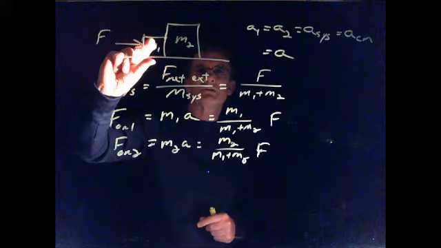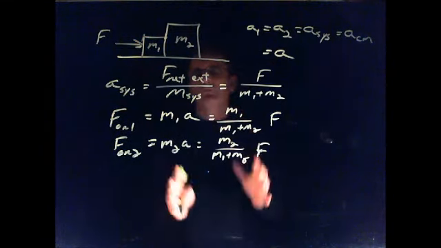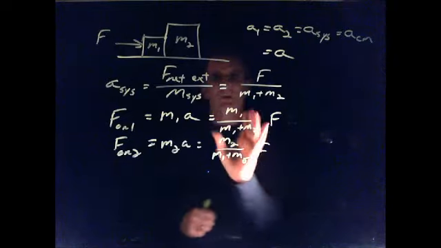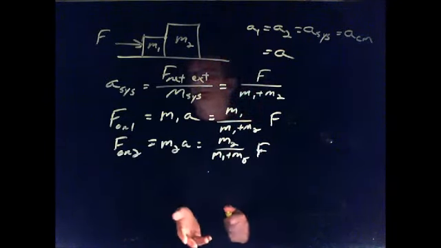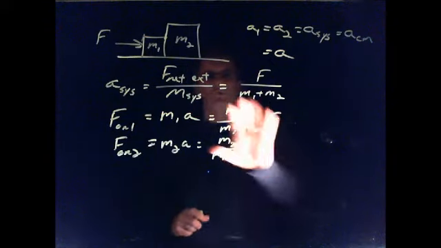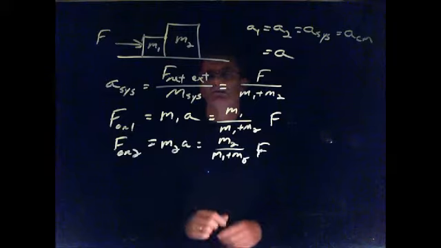Some of that force is going to be on M1, some of that force has to go on M2, so that both blocks have the same acceleration, and that's what we're doing here. And this is not an uncommon multiple choice question. I just ratio out the masses, and that's the idea here.